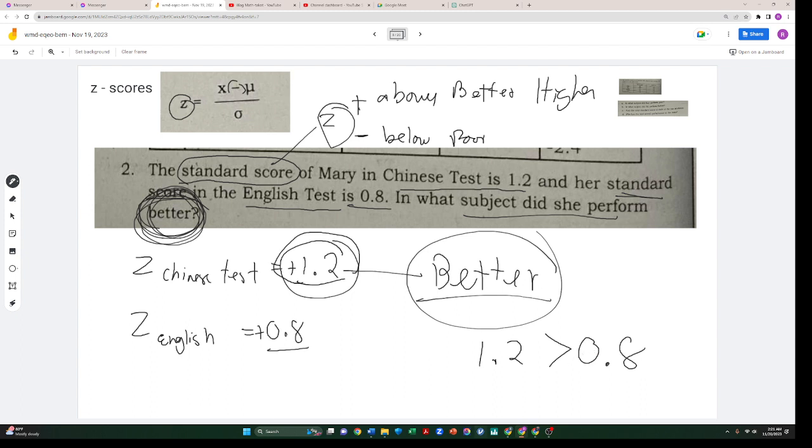The higher the standard score, the further above the mean, and the score is indicating better performance relative to the group. So, muna na pag-interpret na sa result sa z-scores. No? Okay, nasabtan.